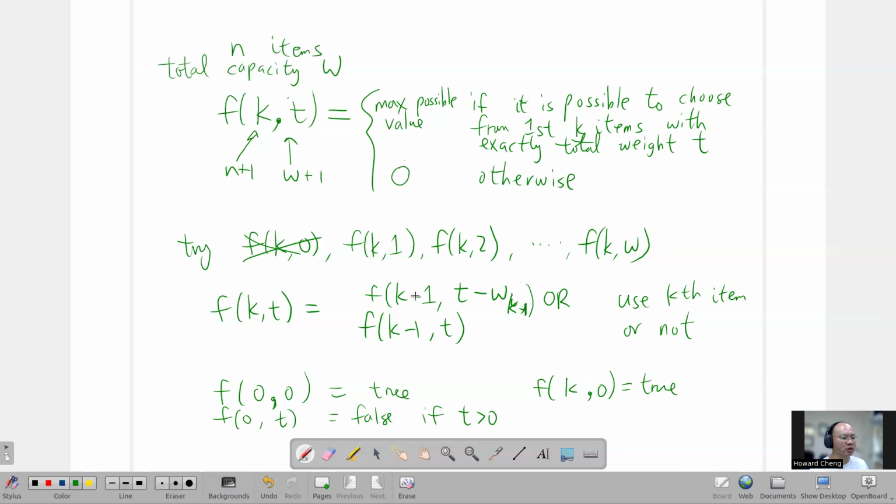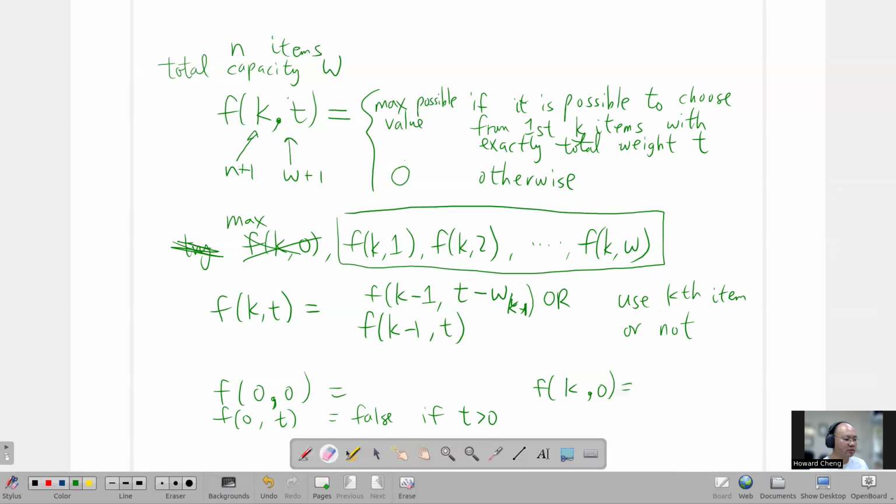Okay, so it's not possible. And then if you're trying to maximize the possible values, then you would be maximizing over these things. Okay, and let's look at the base cases. If the sum is 0, then you just don't choose anything.